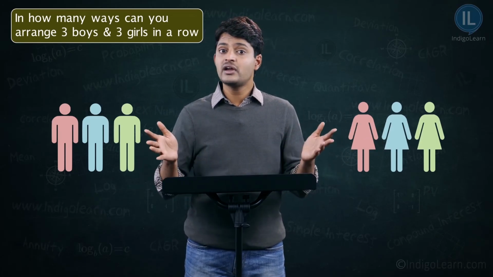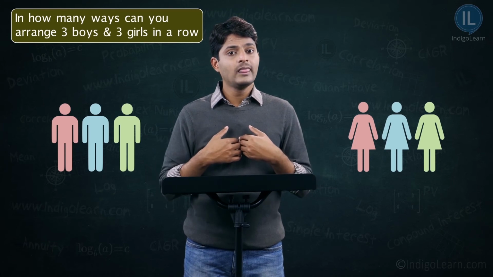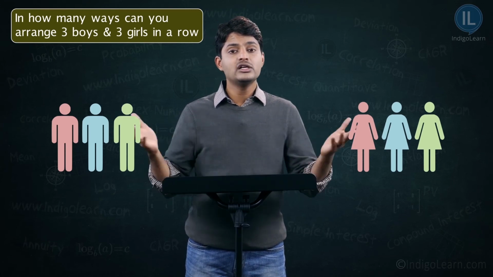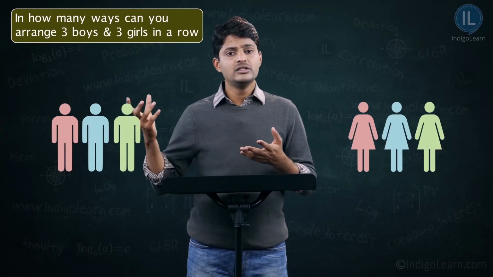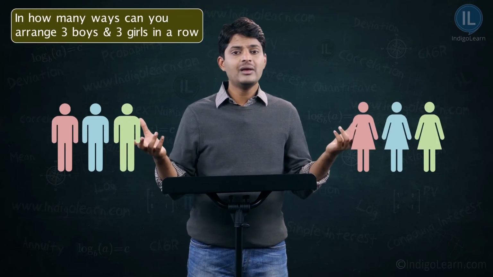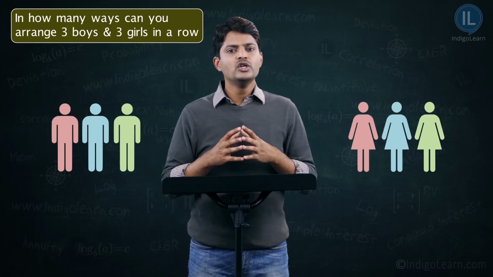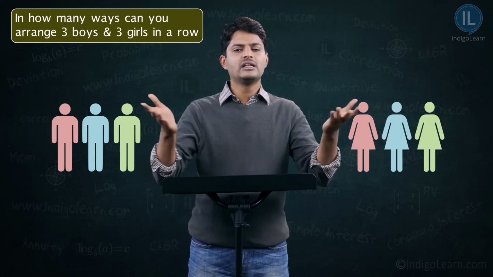Since I did not specify any choice from my end, it automatically indicates you can arrange them in any order that you want. So here the gender, whether it's male or female, becomes irrelevant, because you are trying to arrange 3 boys and 3 girls in a row.